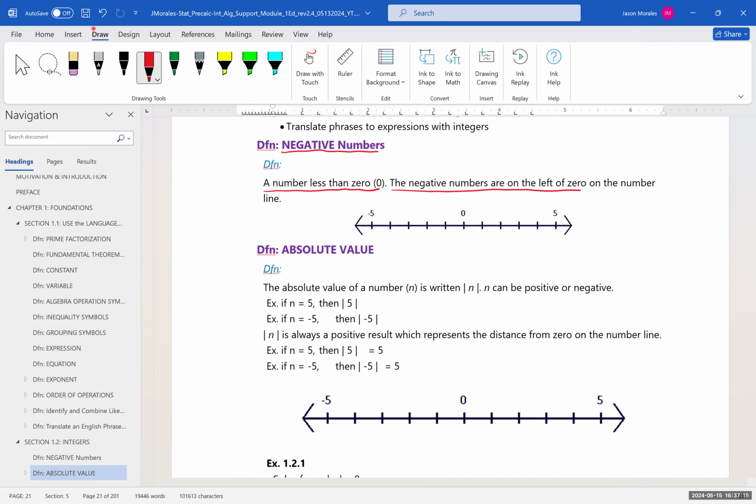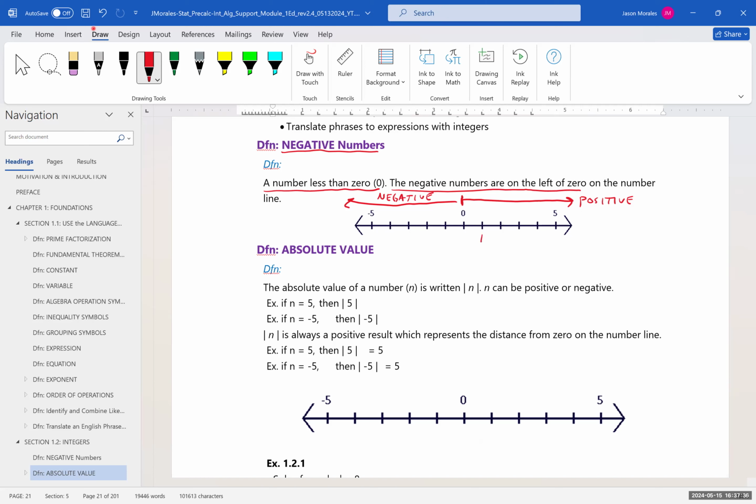So here we've got a number line with 0 here in the middle. All the numbers to the right of 0, those are positive. And all the numbers to the left of 0, those are negative. And it is natural to count up from 0 positively.